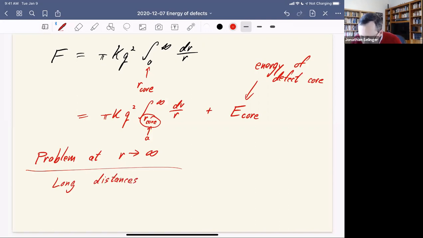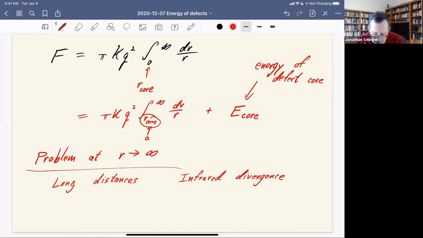For that reason, as you might guess, it is called an infrared divergence, because infrared light is a longer wavelength than visible light. And so that's the word that people use for this behavior where something goes wrong at long distances.